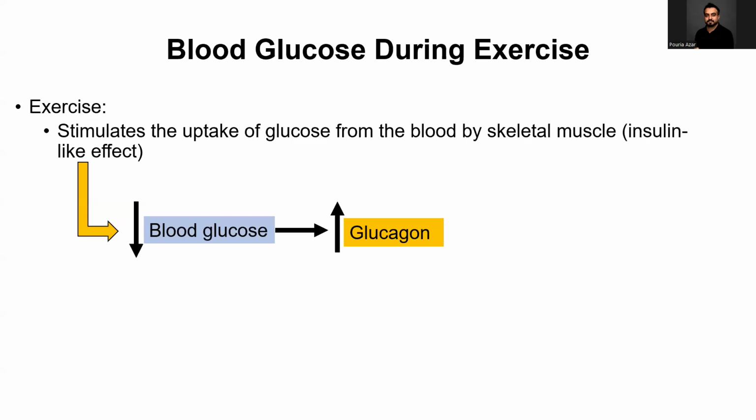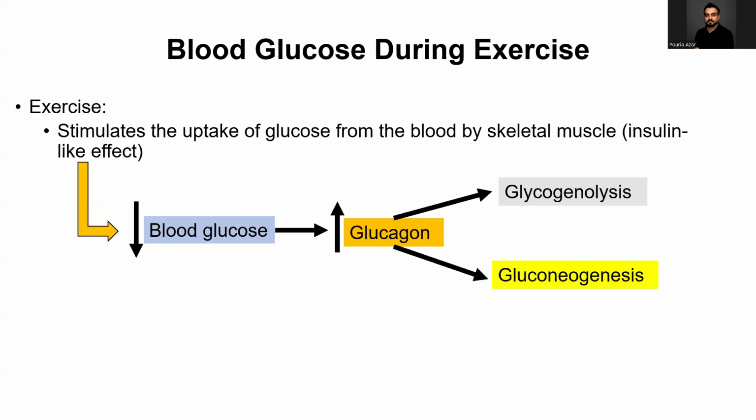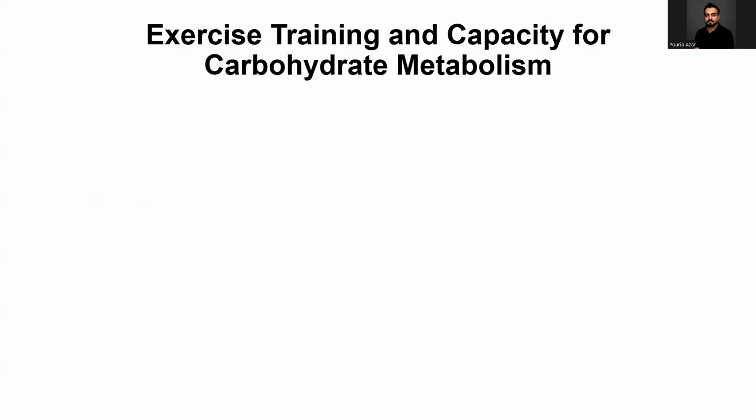Dropping blood glucose levels stimulates the pancreas to produce glucagon. And glucagon induces glycogenolysis, which is the breaking down of glycogen, or it can induce gluconeogenesis, which is making new glucose from lactate, amino acids, or glycerol.